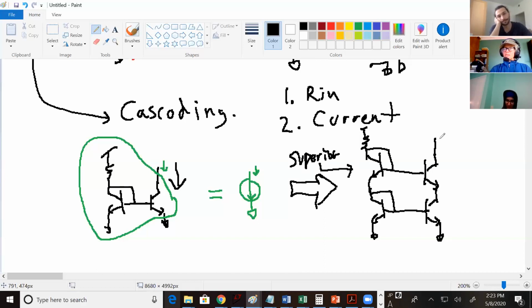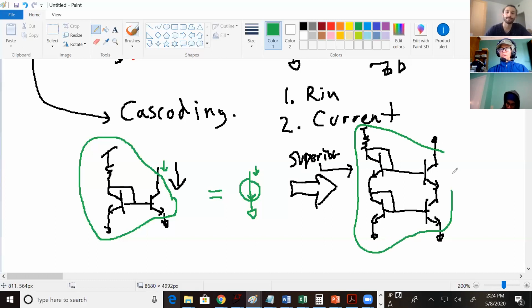That's because, just as you did the math and saw, it's a resistor of size 10 to the 8th, 10 to the 9th or something. That's what this behaves like. And that means it's going to have a really constant current, even if the voltage at this node changes. It's still going to be an extremely constant current. So these are also equivalent, but this current source is better than that current source.